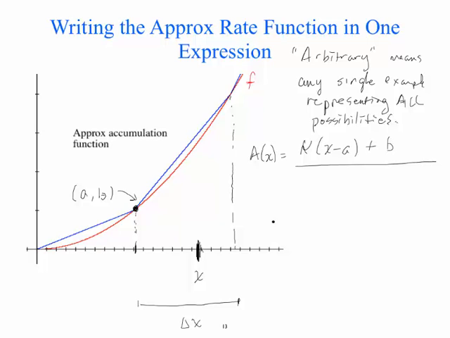Delta x is a distance, it's not a single coordinate. So we need a single coordinate that's the left side of this interval. How can we get that x value? That's the left side of the interval. Yeah, but you don't know how far that is, right? So you need it to work for any x in that interval.